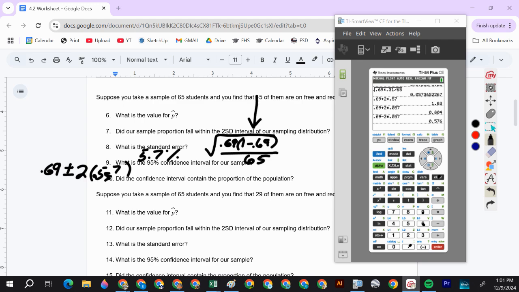So I am 95% confident that the true percentage is somewhere between 57.6% and 80.4%.